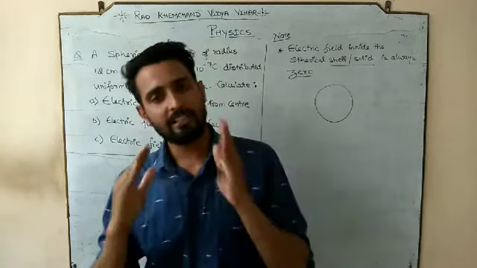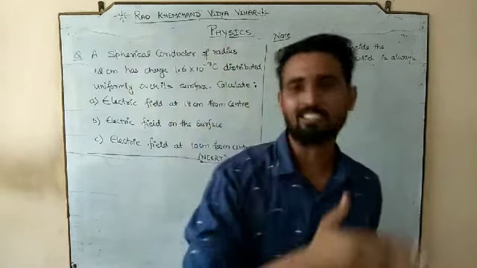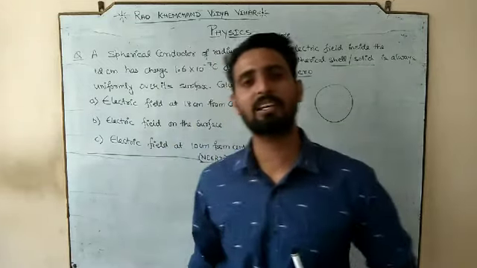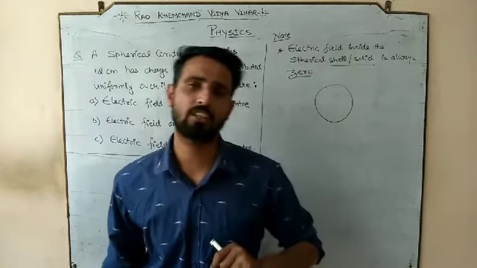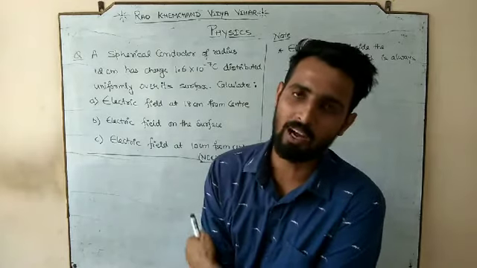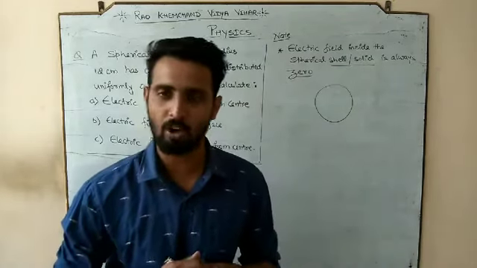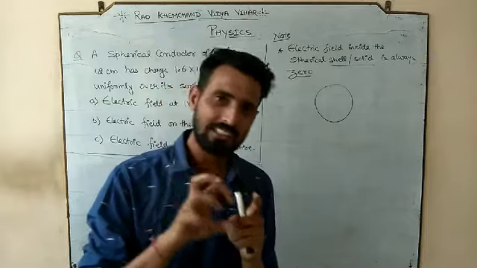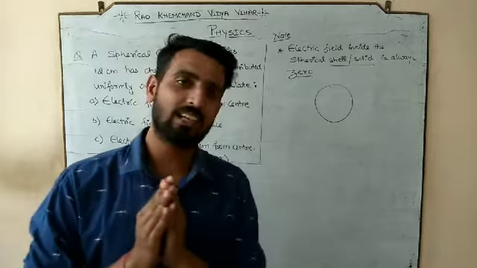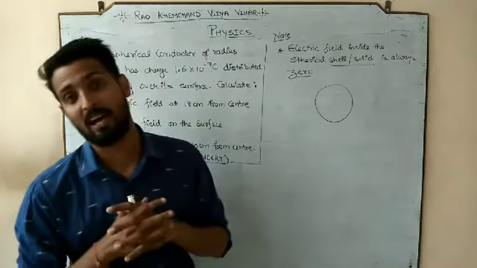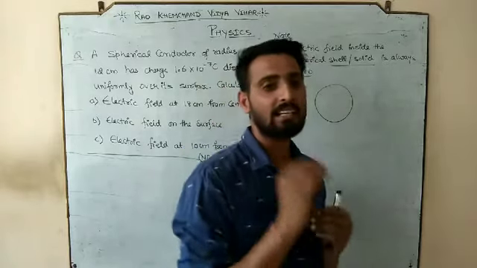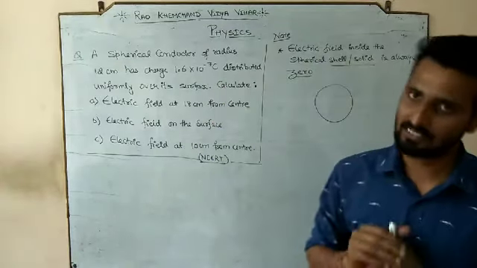If the body is solid, in that case also our statement holds true, and that statement is: whenever charge is given to any body, the charge always acquires over the surface of the body, not inside the body. यानी जब भी आप किसी भी बॉडी को चार्ज देते हैं तो चार्ज हमेशा सरफेस पे एक्वायर होने का कोशिश करता है. We always assume that charge always acquires over the surface.